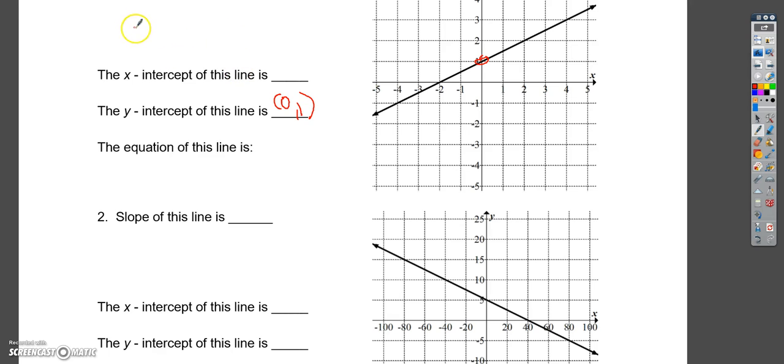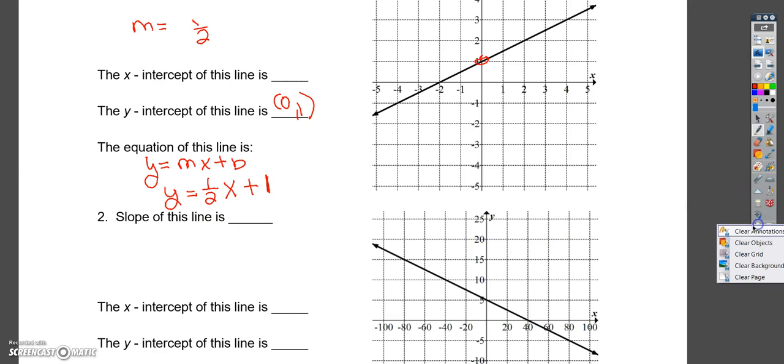So our slope was 1/2, I think. Yes, 1/2. The equation of this line is y equals mx plus b. So y equals m, which is 1/2, x plus b, which is 1, the y-intercept.